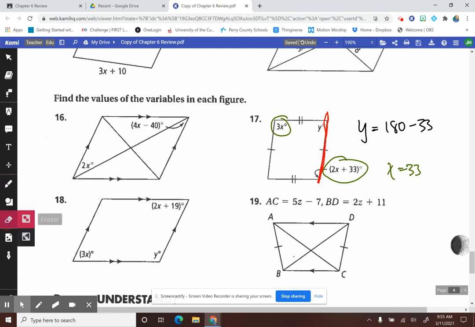Let me back up. Mr. Hamilton made a mistake. I've got to substitute that 33 back in. So 33 times 2 would be 66. 66 plus 33 would be 99. So I actually need to subtract 99 from 180, and that then would give me the value of y, which is 81. Okay.